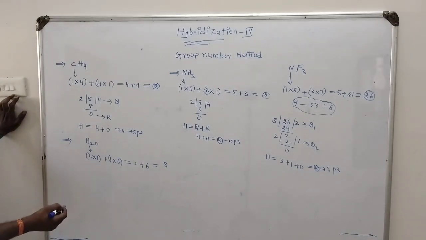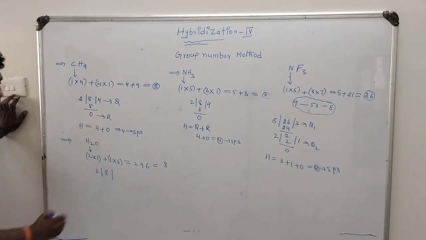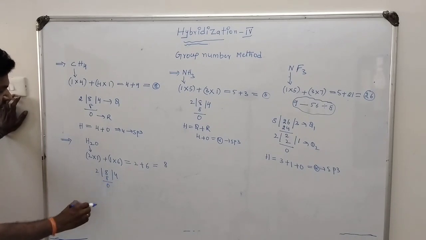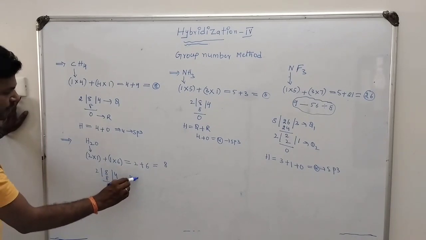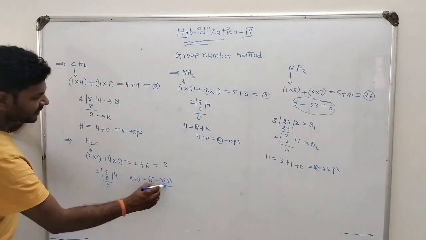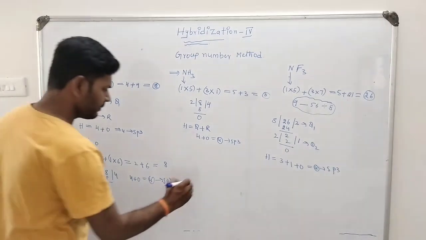If the valence electron number is 8, we divide by 2. 2 fours are 8, remainder 0. 4 plus 0 is 4. 4 means sp3 hybridization.